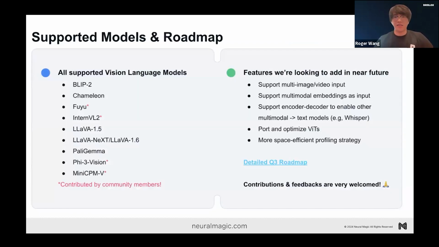Since the refactoring work, we have drawn a lot of attention from community members on supporting multimodal models. As you can see on the left-hand side, we have, I think, nine models supported today. Four of them actually come from community members: Fuyu, InternVL2, Phi-3 Vision, and MiniCPM-V.